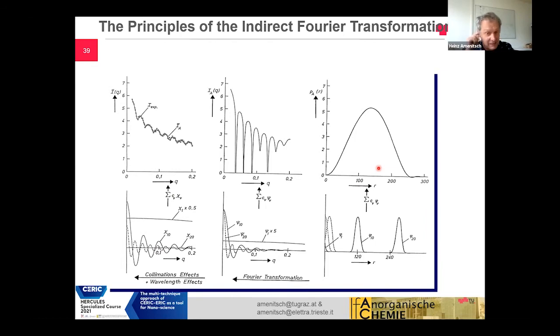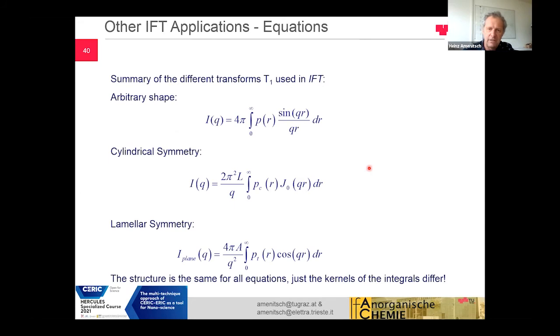So this is easy. You can do this, and there are several programs for it. It could be the indirect Fourier transformation from Otto Glatter, or the GNOM program from Dmitri Svergun, working in a very similar way. And then you can calculate really from the experimental data the pair distance distribution function.